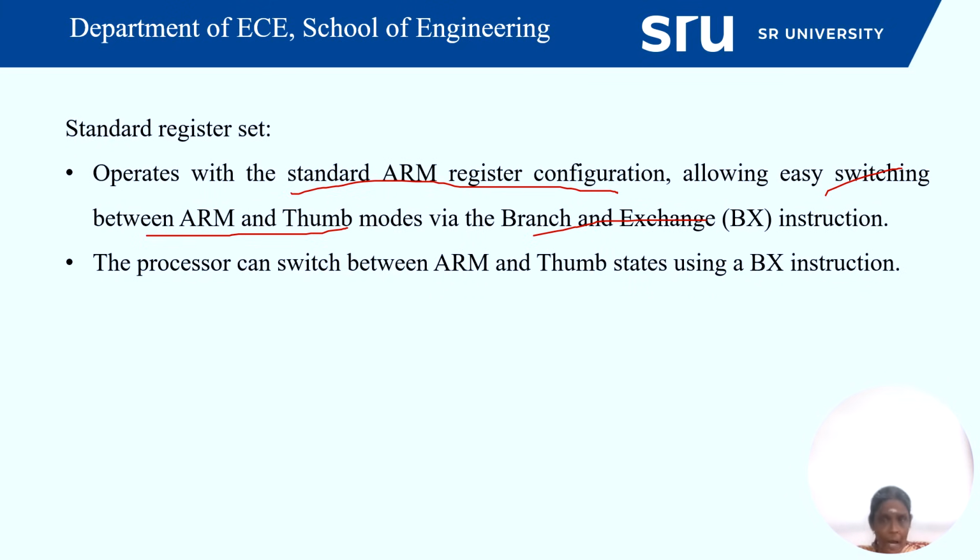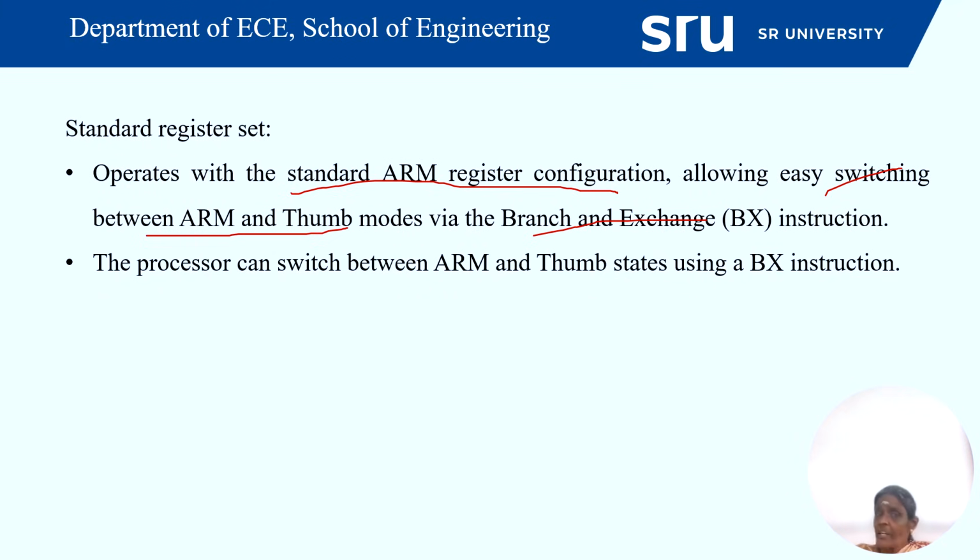How is it happening? So anyway, we are giving the 16-bit Thumb instruction. This will be enabled by using the BX instruction. Once we use the BX instruction, then automatically we can understand that it is using the 16-bit Thumb instruction.